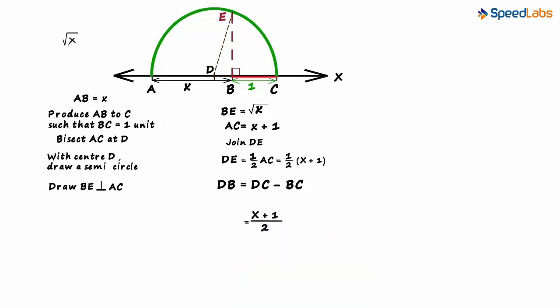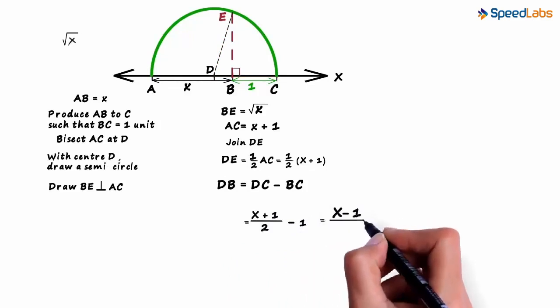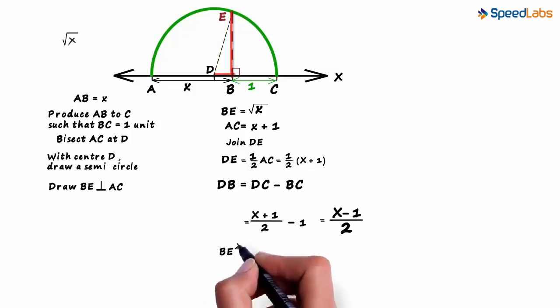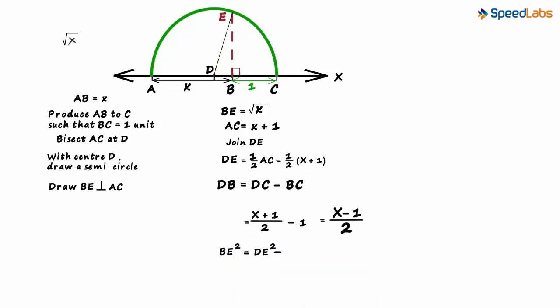And length of BC is equal to 1 unit. Solving this, we get length of DB equal to x minus 1 by 2. So we have the lengths of DE and DB. By the Pythagoras theorem, this squared will equal this squared plus this squared. Hence, BE squared will equal DE squared minus DB squared.